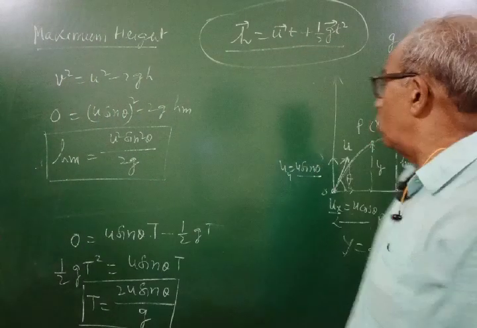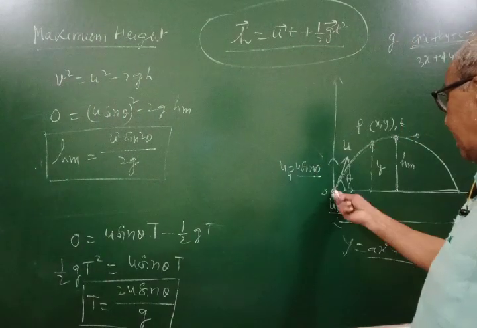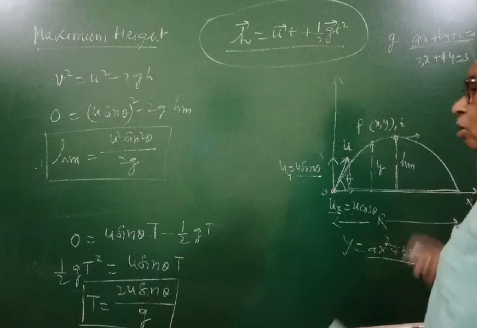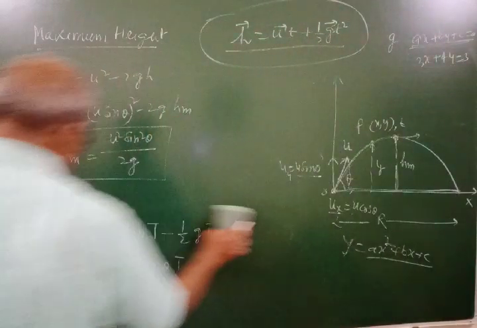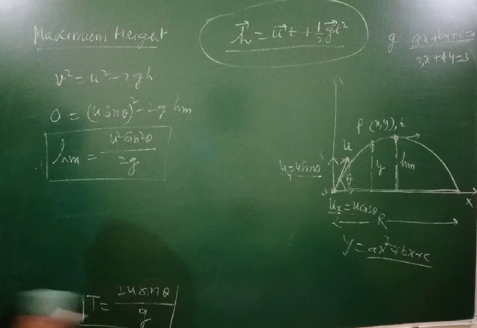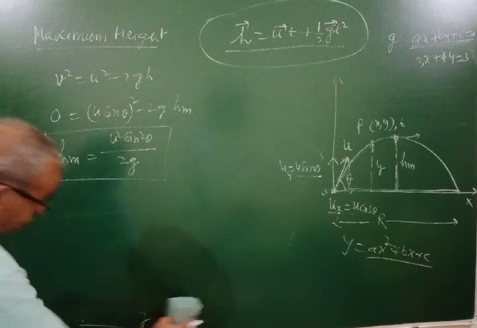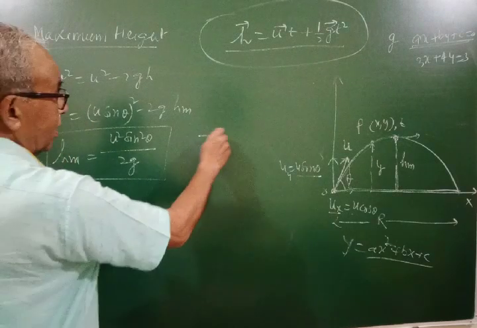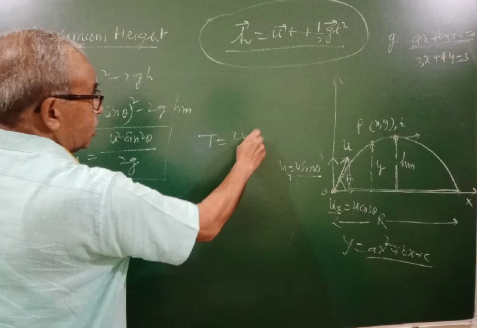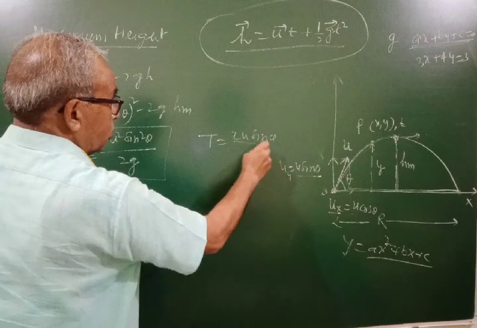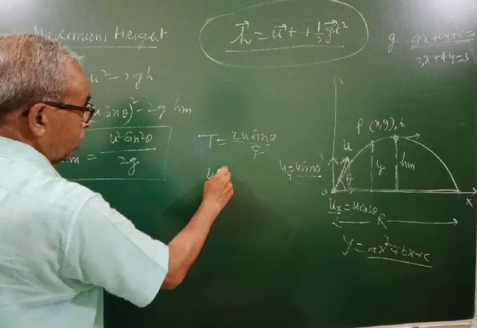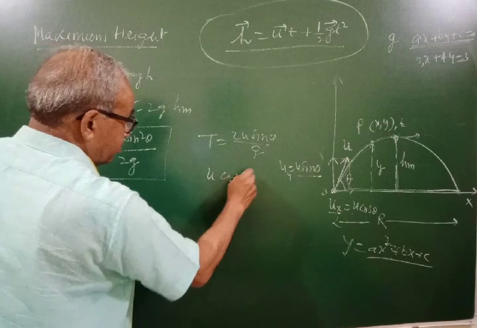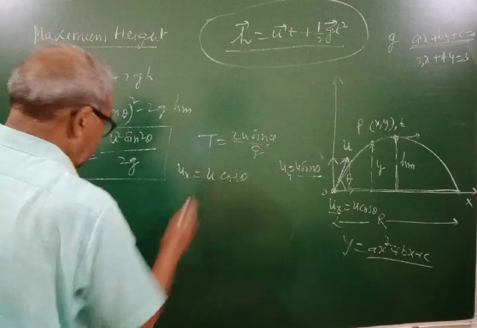Now come to horizontal range. Horizontally, the body travels for the time of flight t equal to 2u sin theta upon g with constant speed u cos theta. u x remains constant.